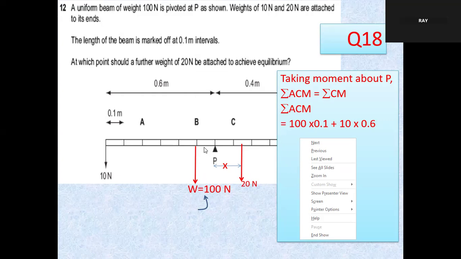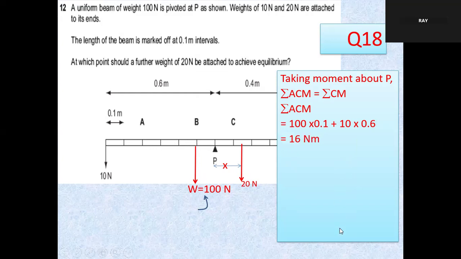Sorry, one division is 0.1. 100 times 0.1, then 10 times 0.1, 2, 3, 4, sorry, 1, 2, 3, 4, 5, 6. 0.6. So you get 16. And clockwise must be here.